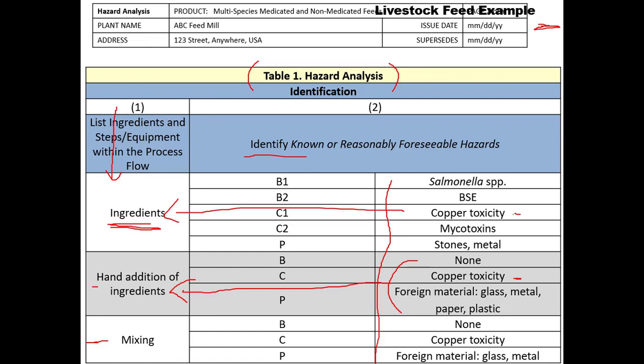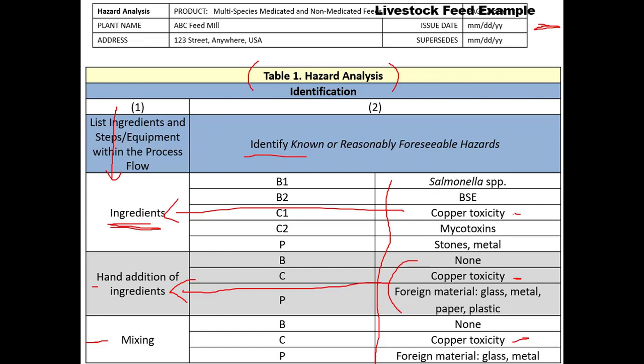So we're not necessarily bringing in something new, but if the hand addition doesn't go right, then copper toxicity could be a hazard in our final feed. Same thing with the mixing. If the mixing doesn't happen right, that could be a hazard that ends up in our final product. Okay, so think about, can it be introduced? Can the likelihood be increased?